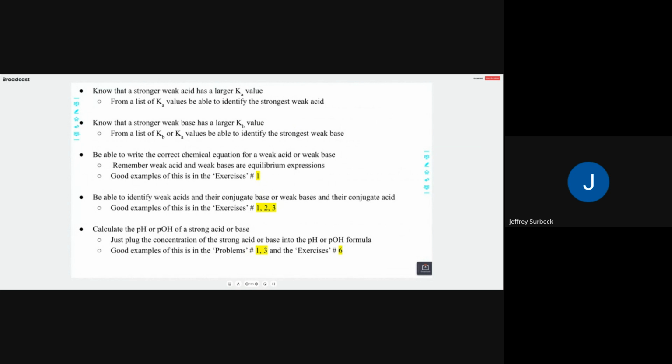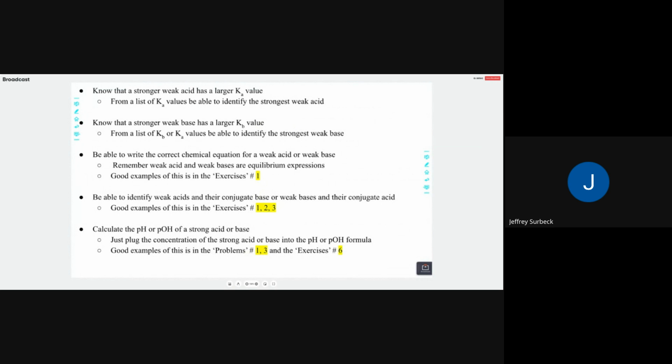So if we had weak acids, let's say, and I had one Ka of 1.2 times 10 to the negative second versus a Ka of 6.7 times 10 to the negative 12, that first acid, because it's closer to what would be zero, there would be 0.012 in that first example, and then the other example would have 11 zeros. That first example, the larger Ka is associated with the stronger weak acid.